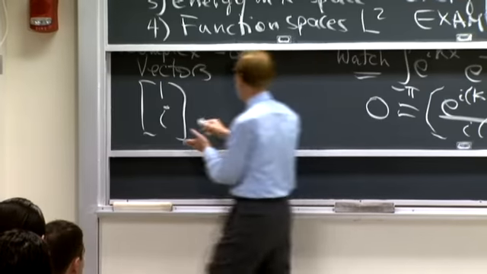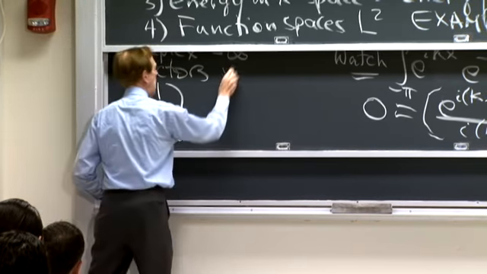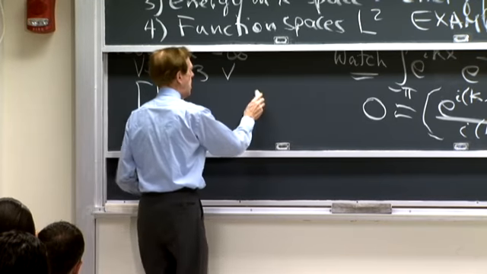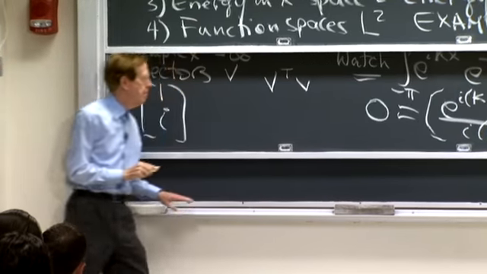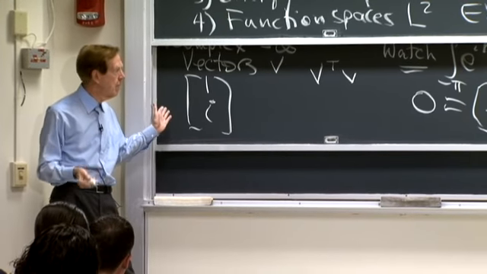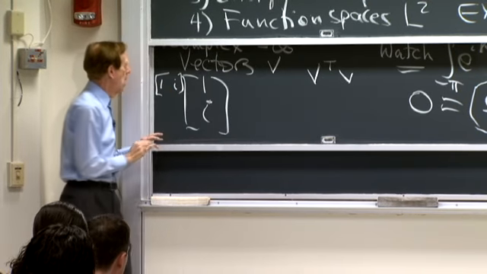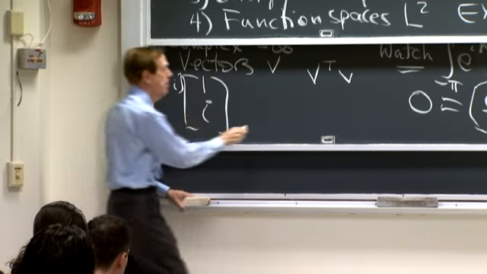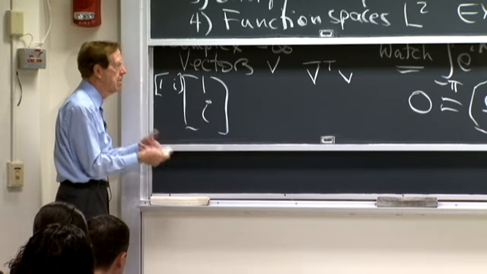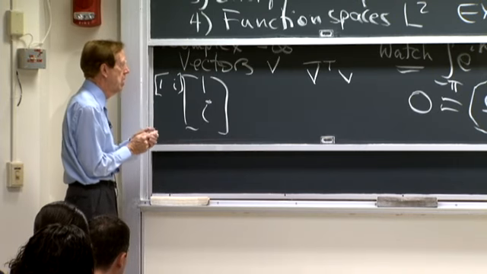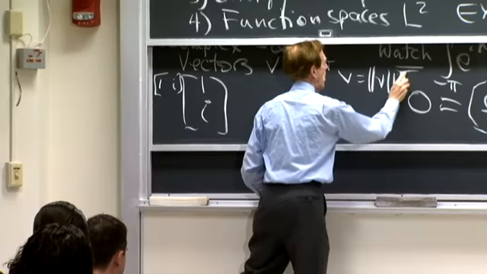So the length of this squared, let me call that vector v, I want to take not v transpose v. That's the thing that would give me 0 if I did (1, i). I have to take the complex conjugate of one of the two factors, and it's just a matter of convention which one you do. This is the thing that gives me the length of v squared.